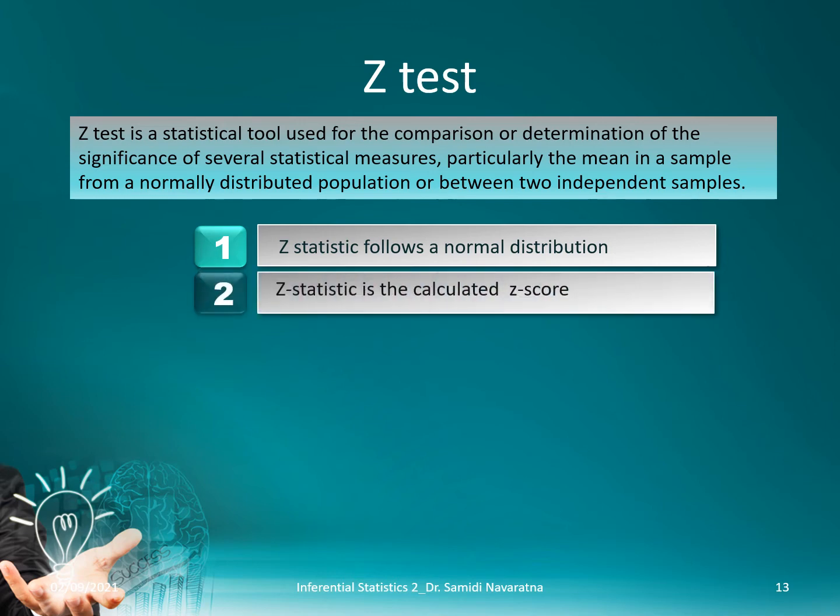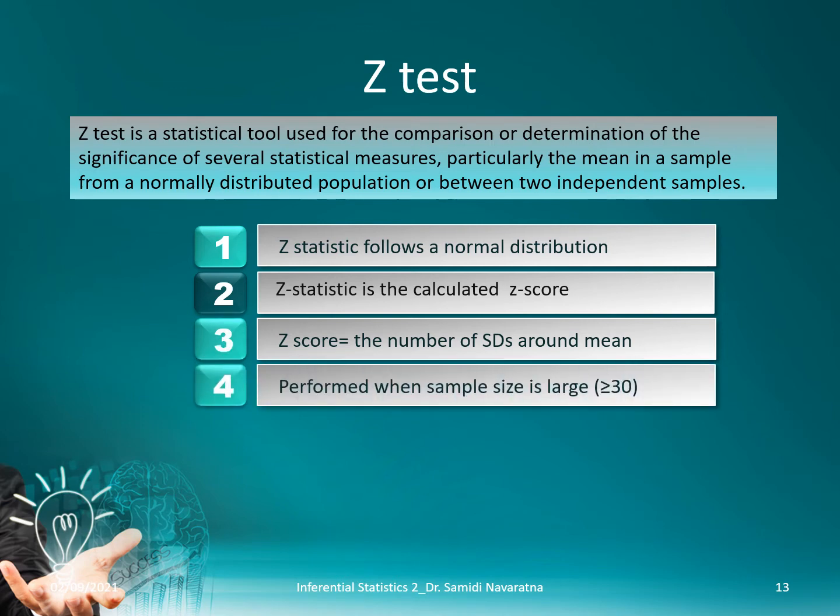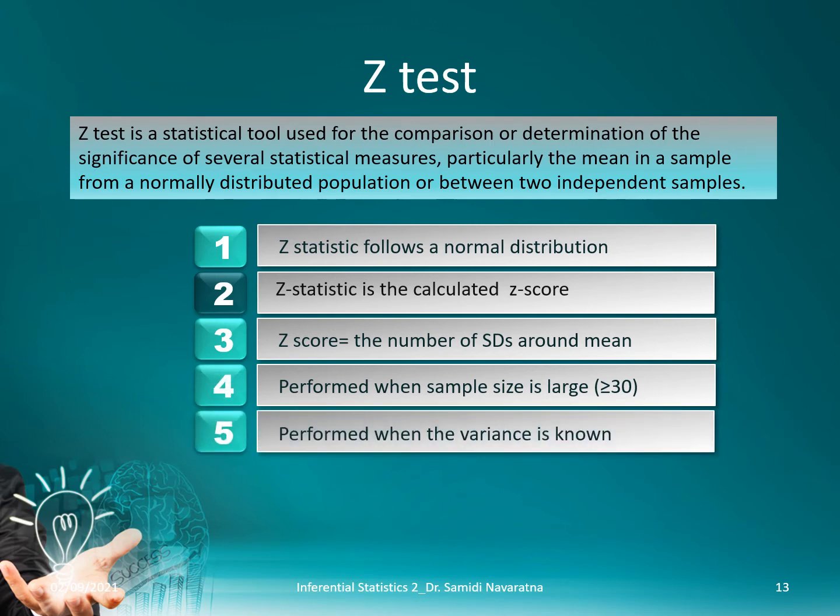Second, Z statistic is the calculated Z score. The third one is Z score equals the number of SDs around the mean. Fourth, Z test is performed when sample size is large, particularly when the sample size is more than or equal to 30. Then it is performed when the variance is known.